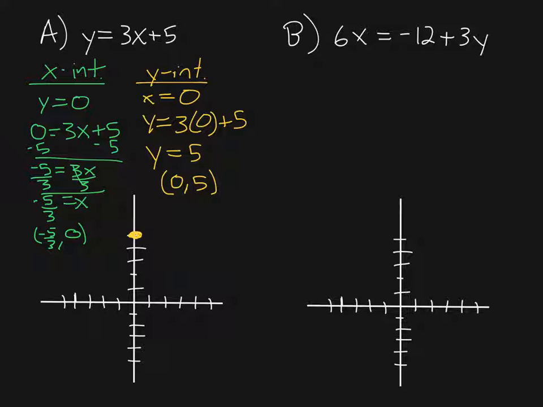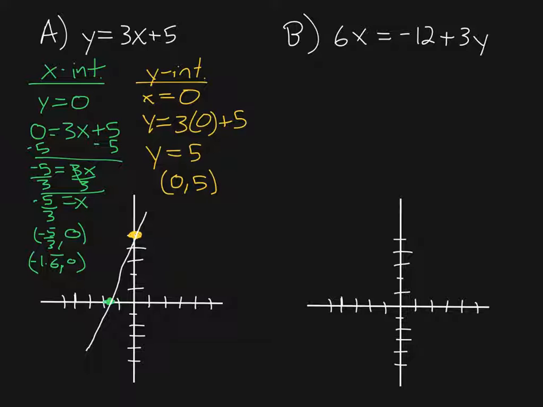Now, it might help to think of that as a decimal. I know negative 5 divided by 3 is negative 1.6 repeating, comma 0. So if I plot negative 1.6 repeating, that is going to be past negative 1. It's going to be closer to negative 2, but not too close. And there's our x-intercept right there.